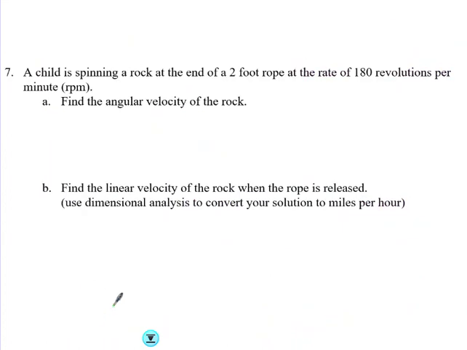Finally, we have a child spinning a rock at the end of a 2-foot rope at the rate of 180 revolutions per minute. The fact that we are given this in revolutions per minute is going to be an issue. We need this to be in radians per minute or radians per second, or radians instead of revolutions. So if we do a little bit of dimensional analysis, we have 180 revolutions per minute.